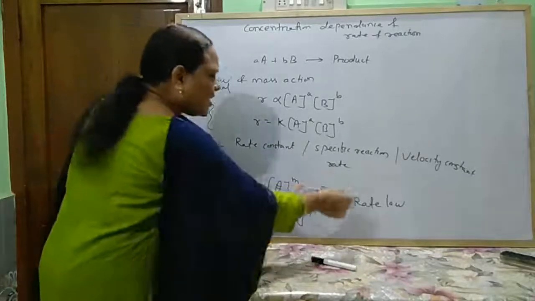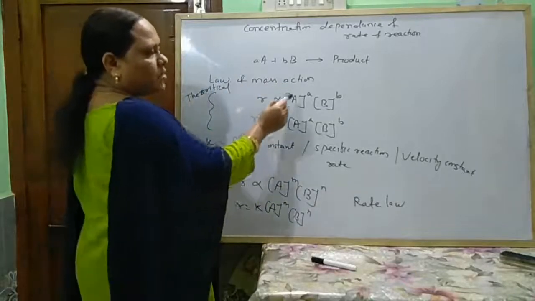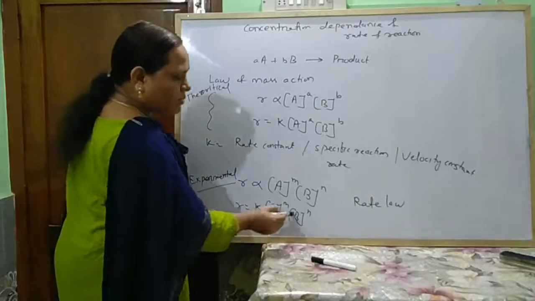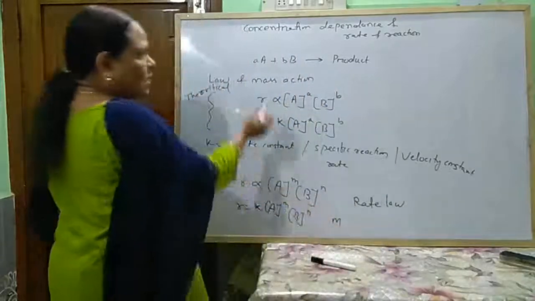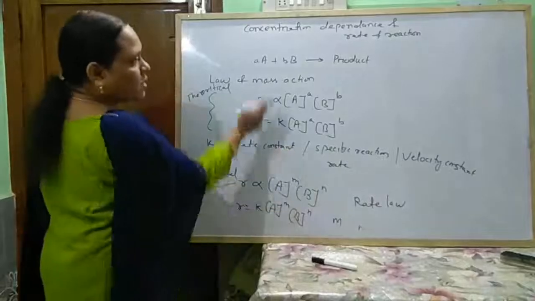Then what is this rate law? According to the law of mass action, R is proportional to [A]^a [B]^b. According to the rate law, R equals k [A]^m [B]^n, where m may or may not be equal to a, and n also may or may not be equal to b.